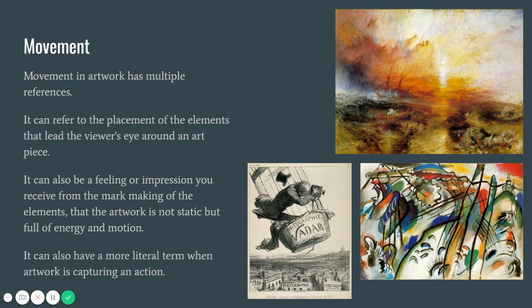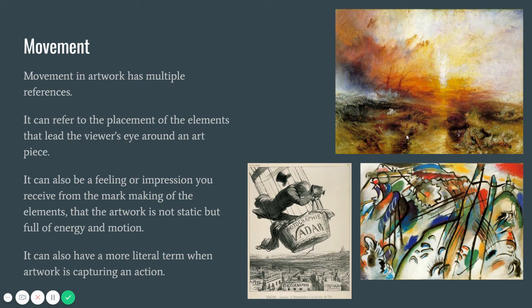Another way that movement is integrated into artwork is that it can wind up giving you a feeling or an impression of motion or energy, and that the painting or the drawing or the sculpture does not feel static, right? Does not feel like it's standing still, but it feels like there's energy and like there's bursts and there's movement.